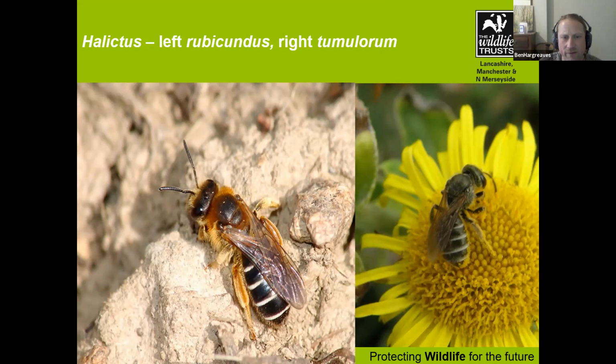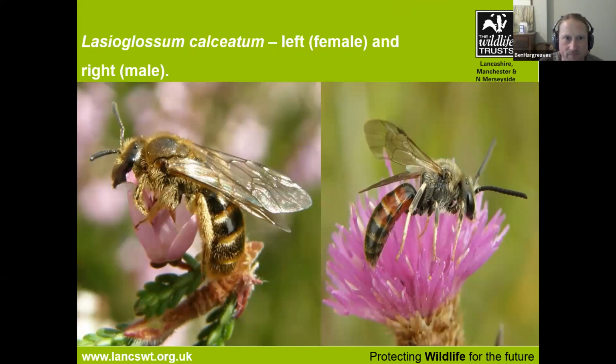But that's something that is distinctive. They are sometimes called, in common names, end banded, because these bands on the abdomen, on the tergites, are at the end of the abdominal sections rather than at the base, which we'll see is a useful distinction from Lasioglossum. Next slide, please, Cal.